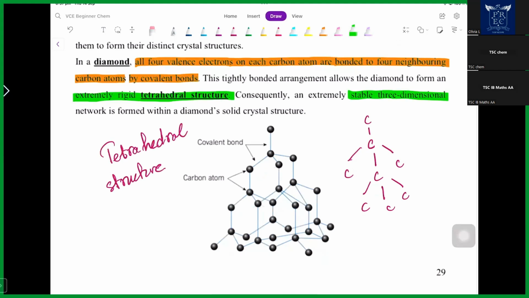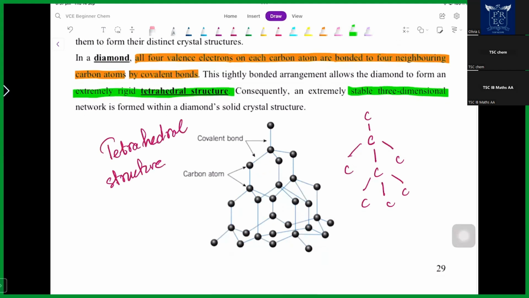So they do not have individual molecules. They are all interconnected, and that's why they are called a giant structure. It's not like water, which is just a single molecule. One water molecule and another have no bond in between other than hydrogen bonding, which is not really a bond, just a force.